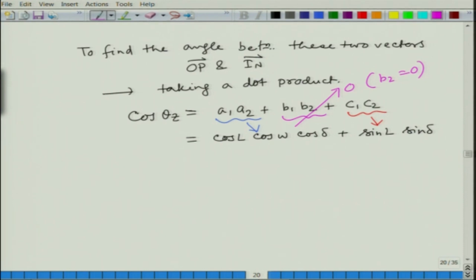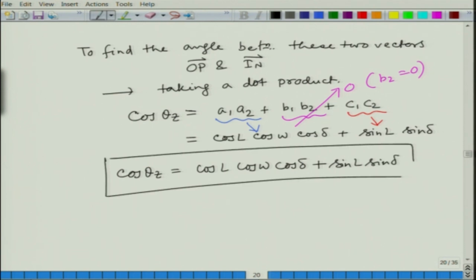Okay. So, that is how we get, and this is a very important relationship. So, let me write it again to put emphasis on it. So, this is an important relationship.